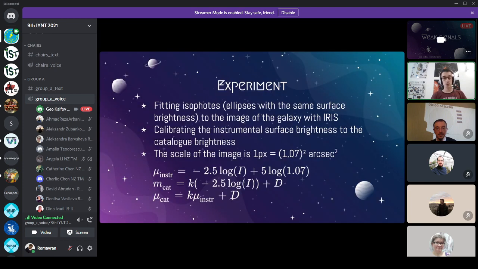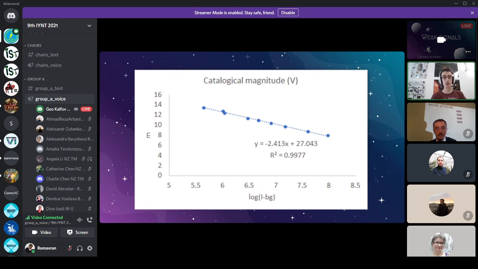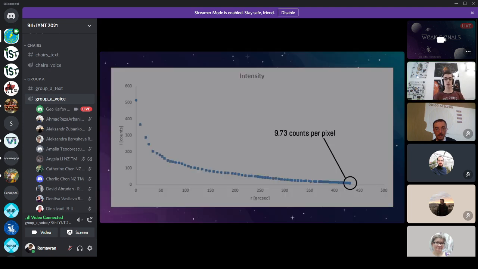For our experiment, we fitted isophotes with IRIS and converted the instrumental surface brightness to the generally accepted catalog brightness using the formulas shown below, where K and D are coefficients obtained from a manual provided by the website to calibrate the brightness. This is the graph that shows the calibration.